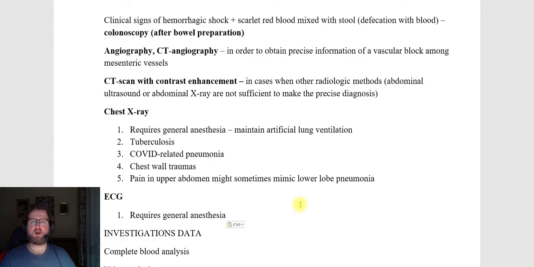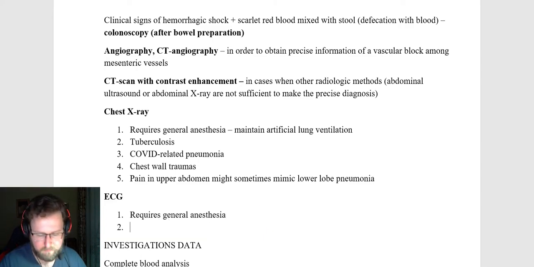For example, if he has arrhythmia, he is going to receive some specific treatment to normalize his cardiac rhythm during the operation, and after the operation, when he is in the intensive care unit, anesthesiologists and intensive care doctors will be able to evaluate if his cardiac treatment works. They will compare it with the baseline ECG and they will know if their treatment strategy works fine. So you need that for a baseline.